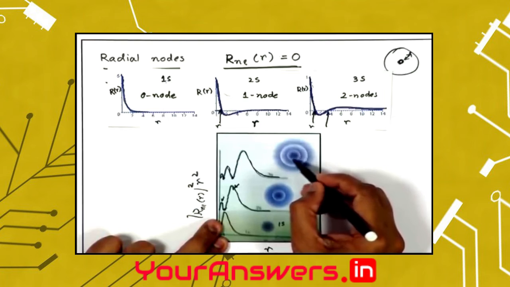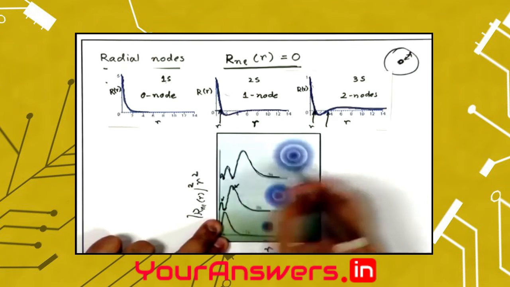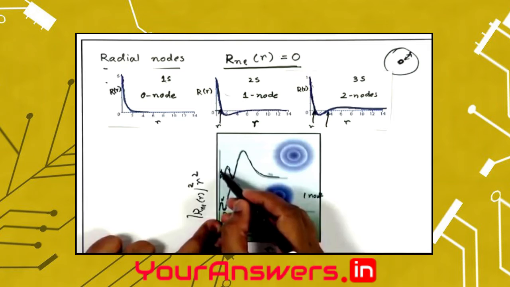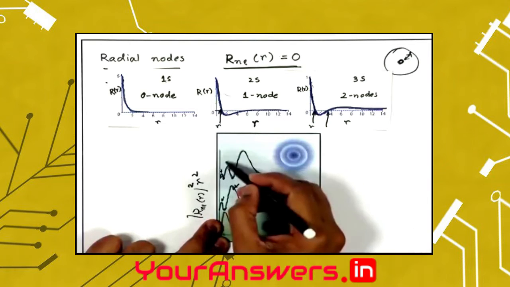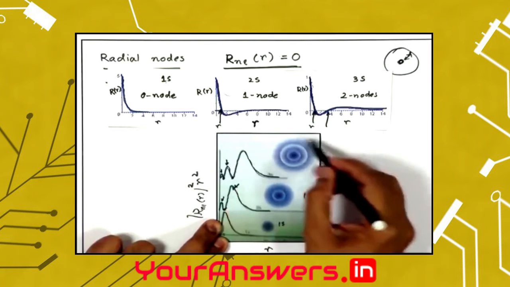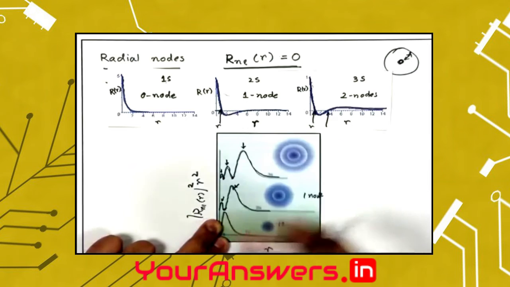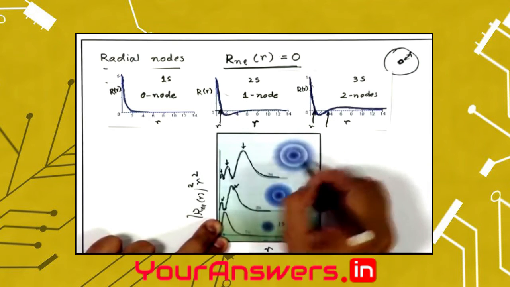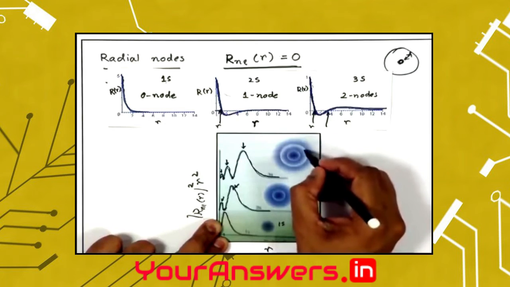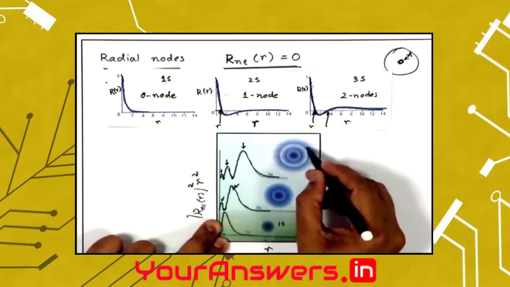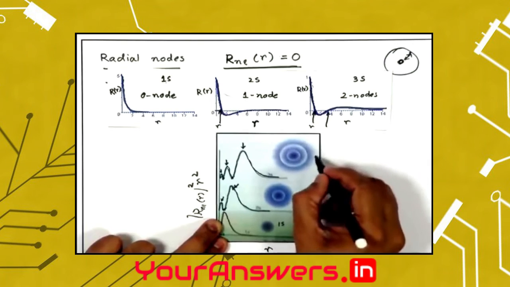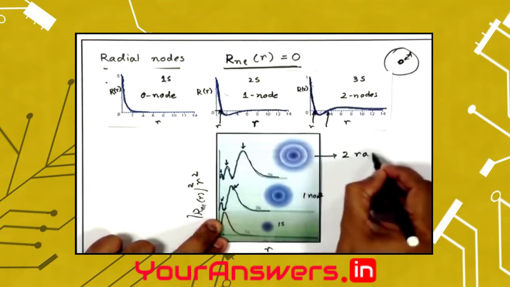So, the inside component, the internal sphere is due to this, the next sphere is due to this, and the last sphere is due to this. So, there are 3 concentric spheres, each separated by a region of space where the electron is not found. So, in this case you can see there are 2 regions of space where there are radial nodes, and therefore, there are 2 radial nodes.